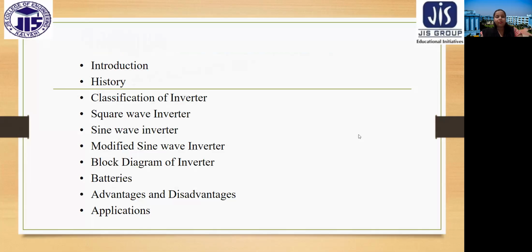These are the topics that we are going to study today: introduction, history of inverter, classification, square wave inverter, sine wave inverter, modified sine wave inverter, block diagram, batteries, advantage, disadvantage of inverter, and of course the important one, application.